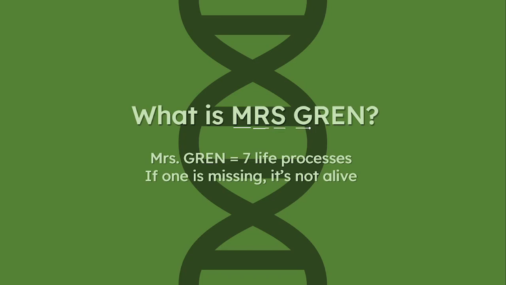And T over there, which means growth. R, again, don't mix that up with respiration. That one's reproduction. And E over here, it is excretion. And N means nutrition. Well, if something is missing any one of them, then that thing is not alive.